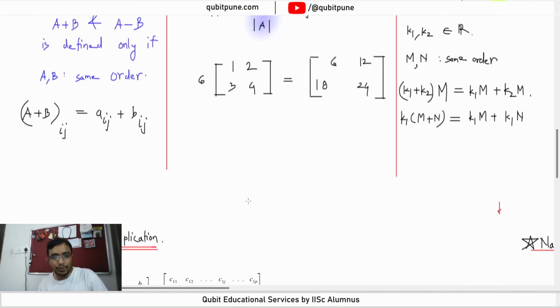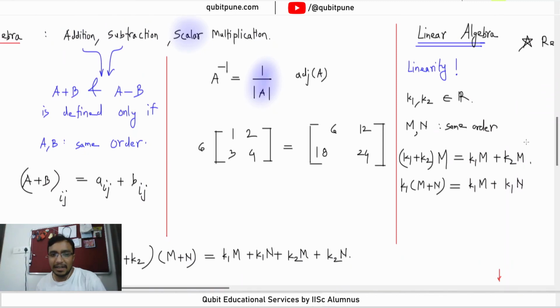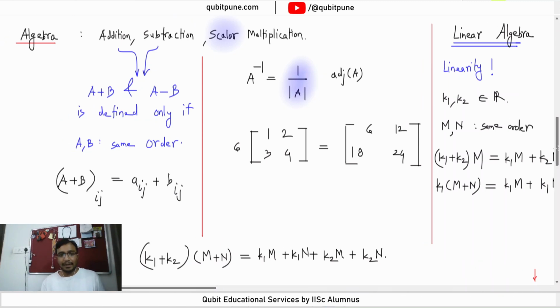And if I want to do something like (k1 plus k2) into (m plus n), it is k1m plus k1n plus k2m plus k2n. This is called the linearity property. It is also satisfied by differentiation, integration and other operations, but that's basically scalar multiplication and addition combined.